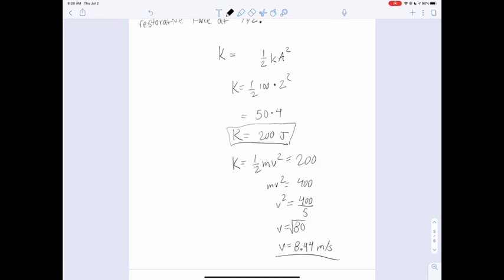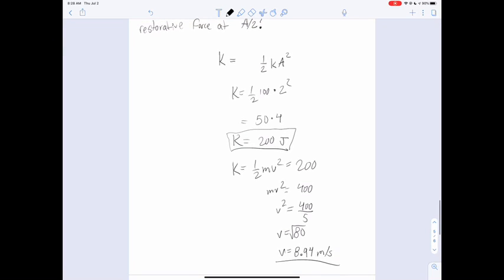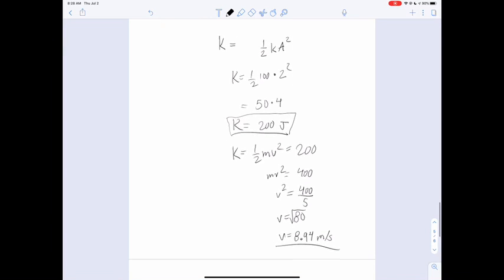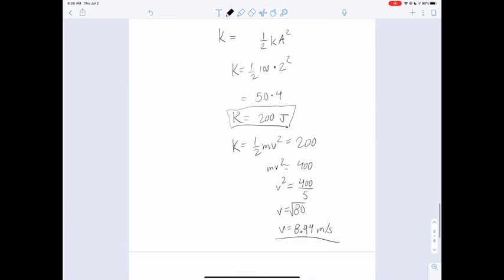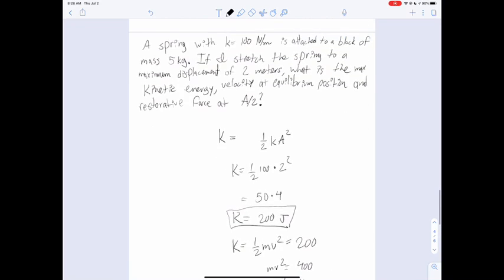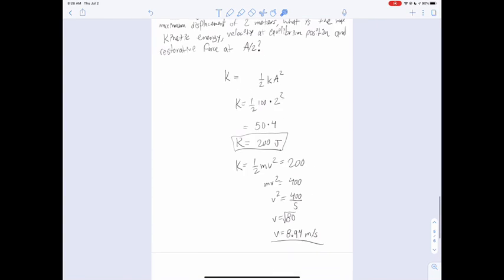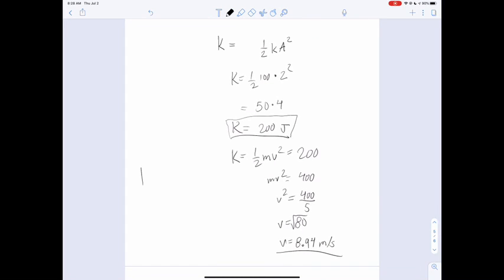Okay, and lastly, it asks us what is the restorative force at A over 2. And this is very straightforward. Because it's the restorative force, we use the Hooke's law formula, where F is equal to negative kx. Now that we have this, we plug in our values.